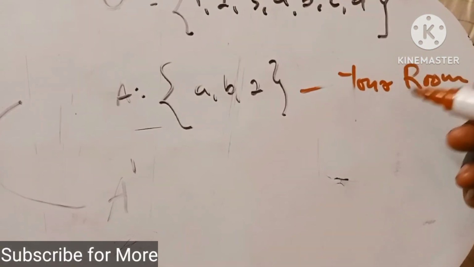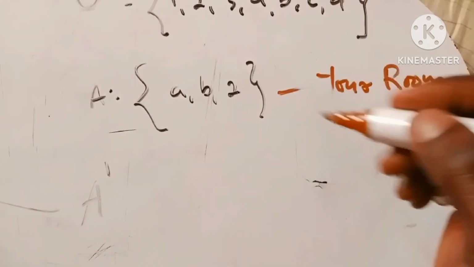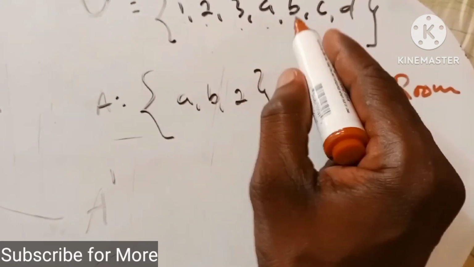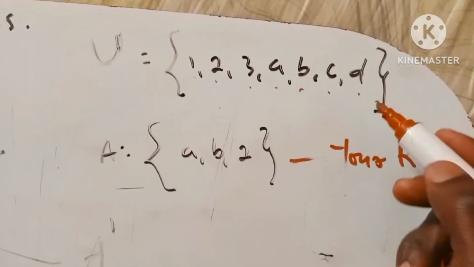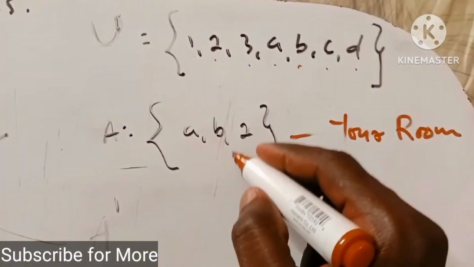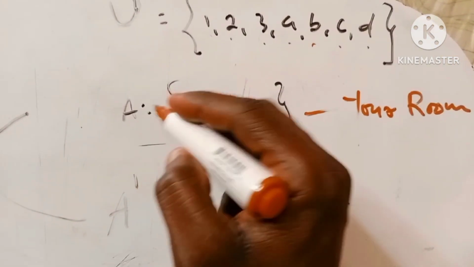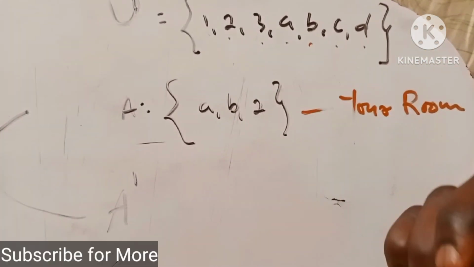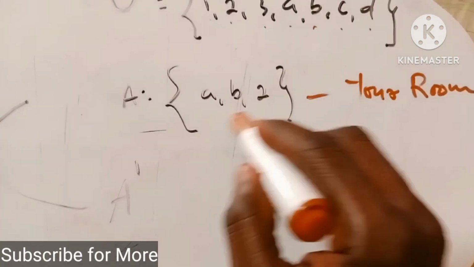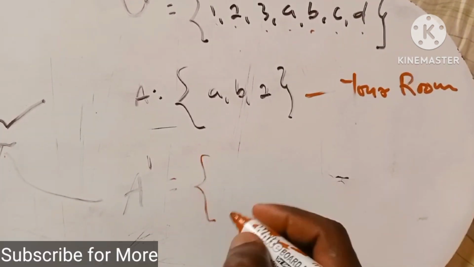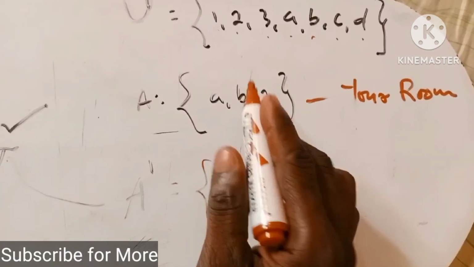So maybe you and your friend, or maybe your sibling, this is your room. And then the entire house consists of how many people? 1, 2, 3, 4, 5, 6, 7. 7 people are in the entire house. So 3 of you are in your room. Then it means that the rest of the 4 here are the complement of what? A. Right? So that is the meaning. Everybody that is not inside your room is your complement. That is just a simple definition. Anybody that is not inside your room is your complement.